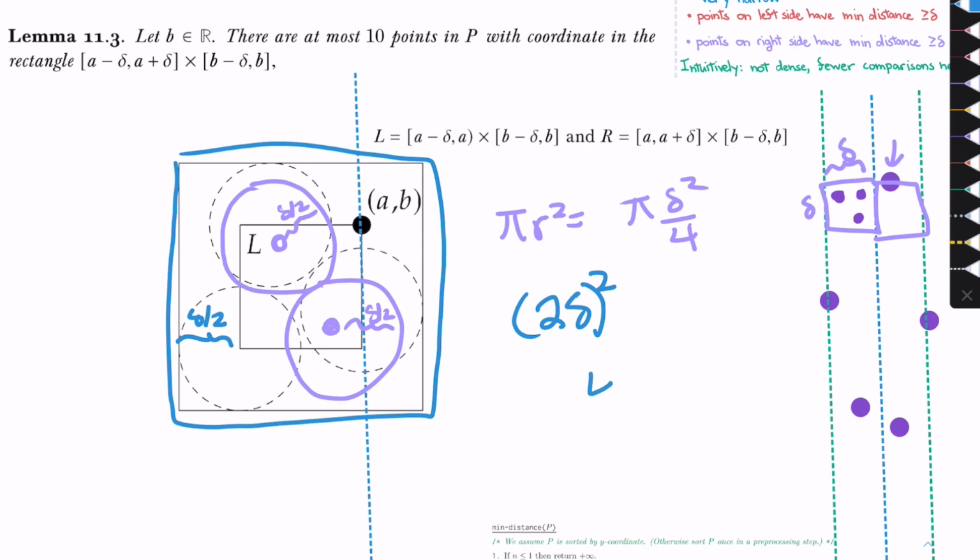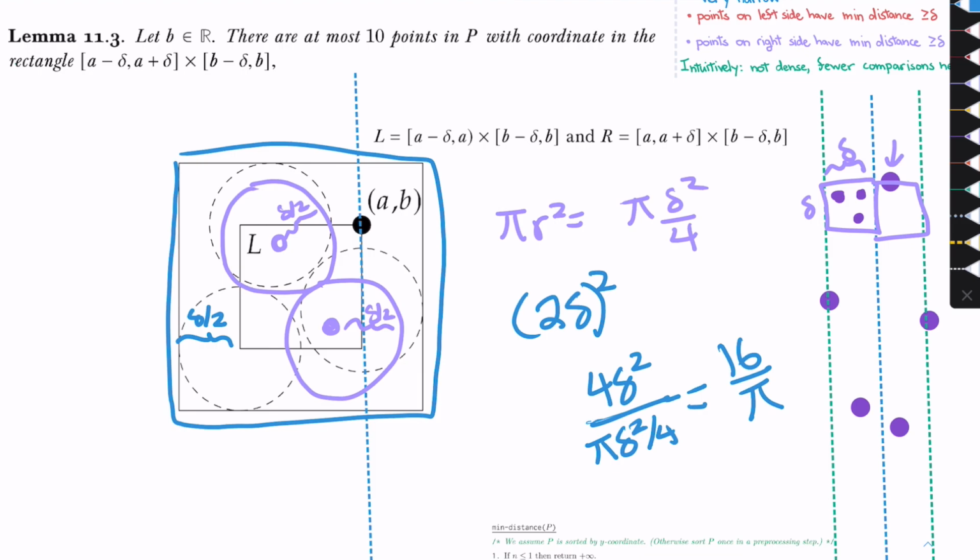I divide one by the other and you get 16 over pi, which is like 5 or something. So there can only be like 5 in one of those squares. Then you have 2 squares, one on each side, that gets you 10. That's why you only have to compare to 10. This is called a geometric packing argument. It's pretty standard in geometric contexts. You can only pack so many balls.